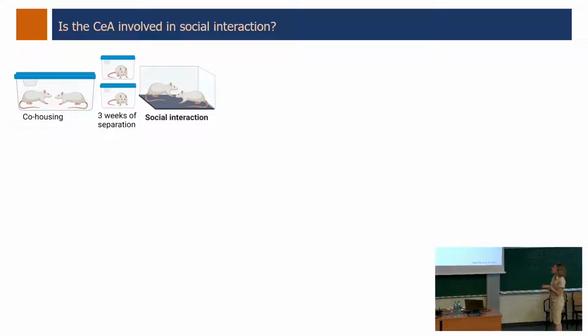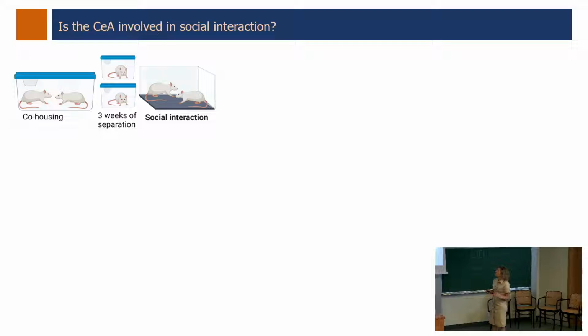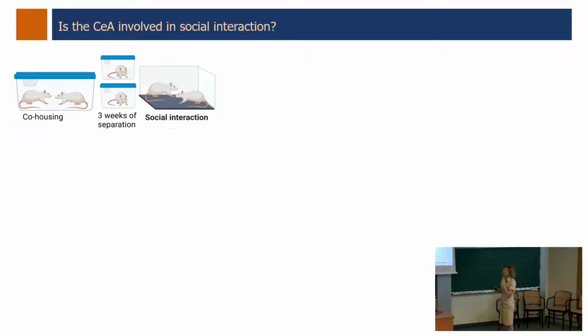As I said, we first asked whether the central amygdala is important for social interaction. To test it, we used familiar animals, co-housed in the same cage, so they knew each other. Then they were separated for 3 weeks and then reunited.